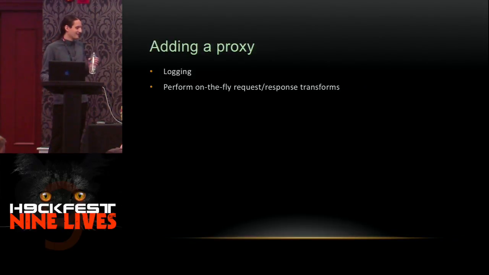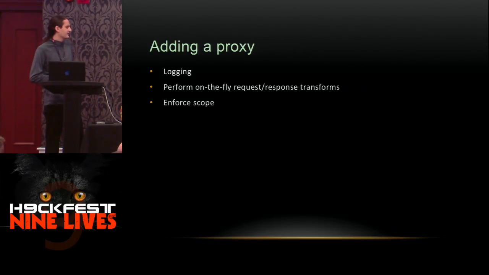As we also heard yesterday, Burp Suite is very good for just troubleshooting, even when you're not trying to attack something. Performing on-the-fly request and response transforms. You can modify a request or a response before it hits Selenium or the browser, according to regexes. Examples we'll be using are with Burp Suite, but again, you can use any of them. You can enforce a scope if you're on a pen test engagement.